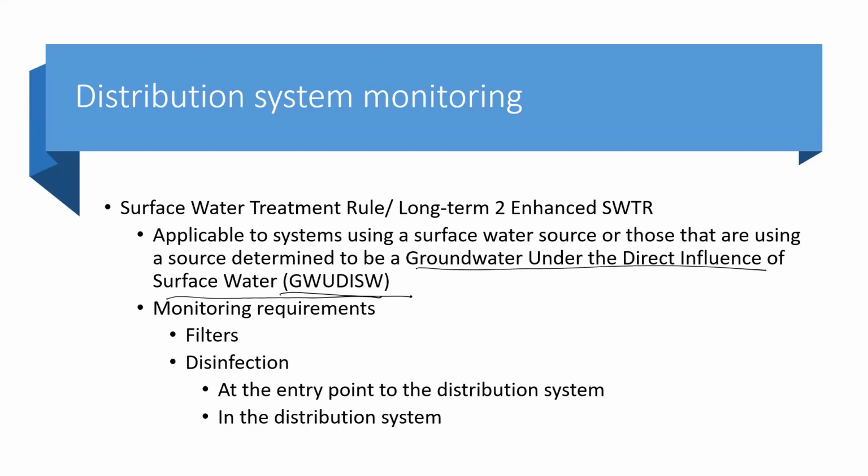They didn't recycle the water from the drying beds back into the plant. And those are requirements for filters and significant requirements for disinfection. So Michigan State, being a groundwater system, actually doesn't have a requirement for disinfection or disinfectant levels in the distribution system because it's a groundwater system.